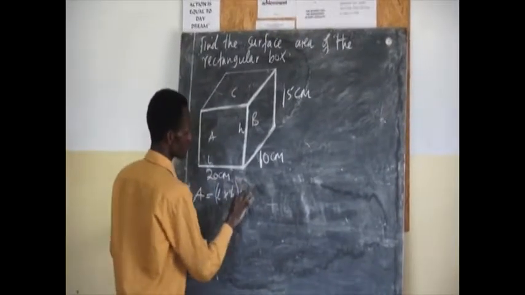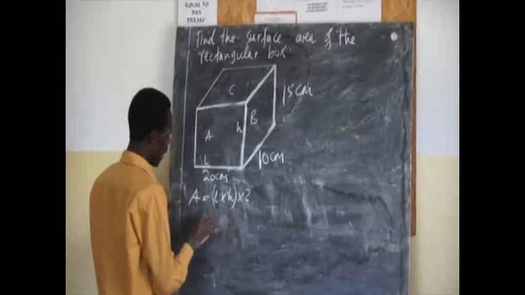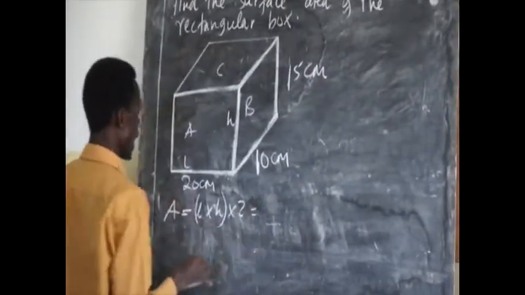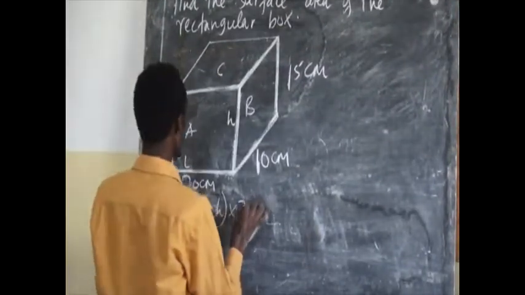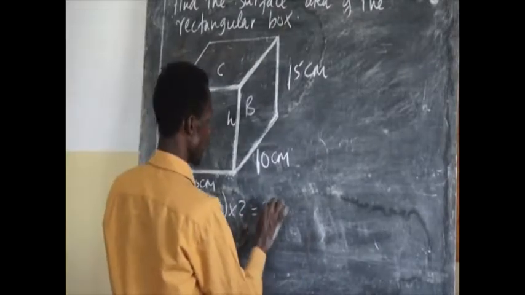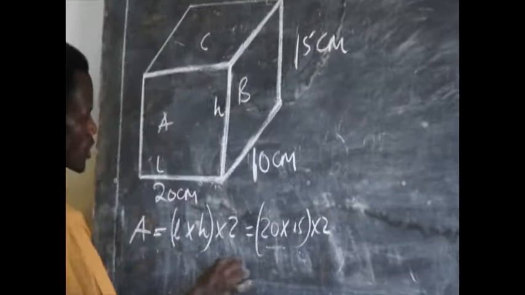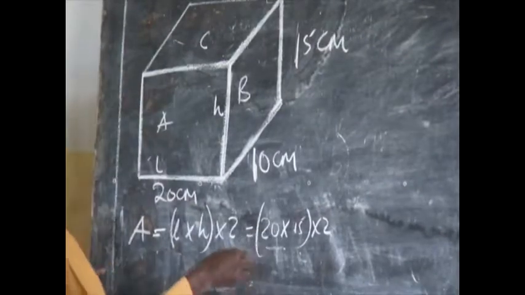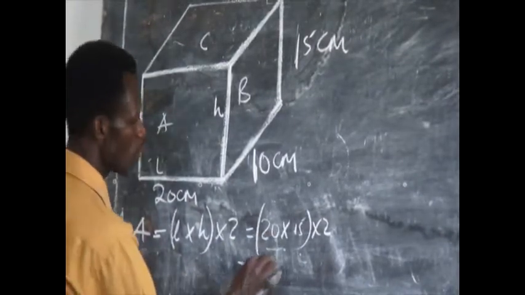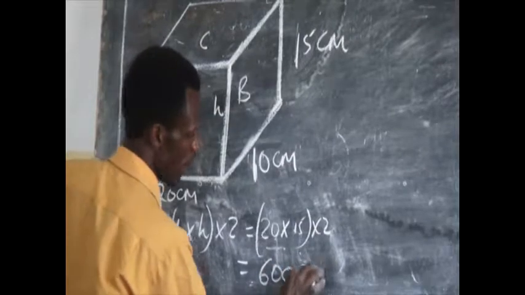Then times 2 because there are 2 of them. Now A is equal to 20 times 15, then times 2, which is equal to 300 times 2, 600 centimeter square.